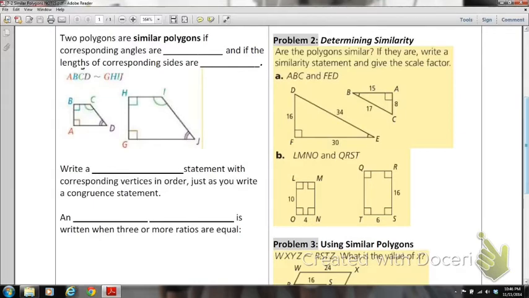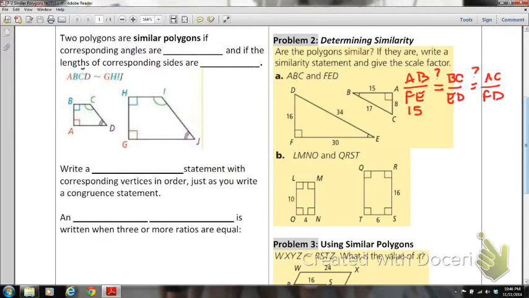The sides that correlate together are AB goes with FE. And we want to know, is that equal to BC over ED, which is another pair of corresponding sides, and is that equal to AC over FD, your other two corresponding sides? So now substitute in your numbers.